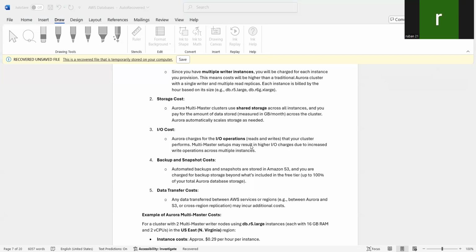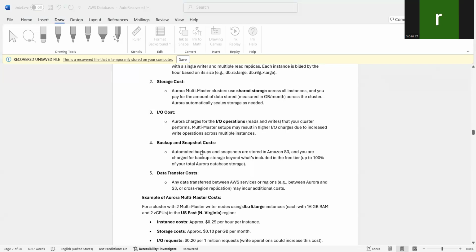All instances use one storage, and for whatever data is stored on that storage, you will be charged. Aurora automatically scales storage as needed.